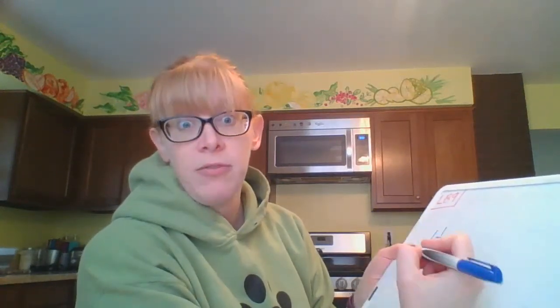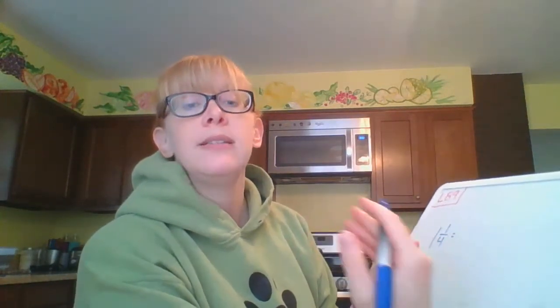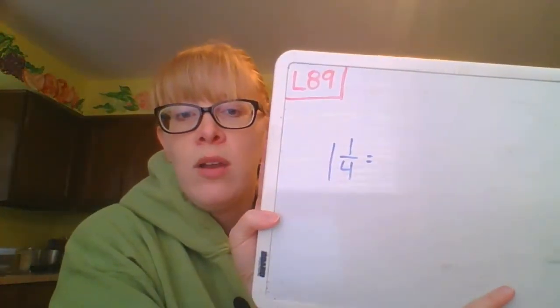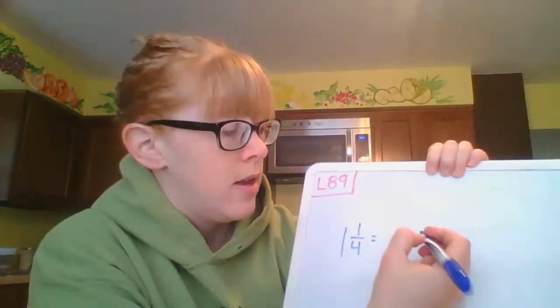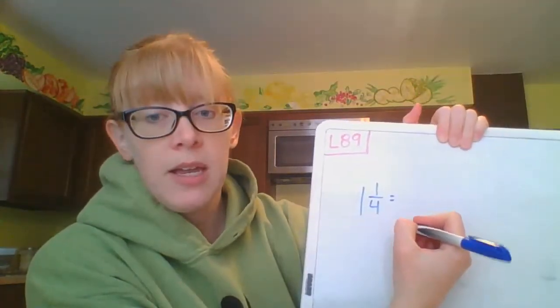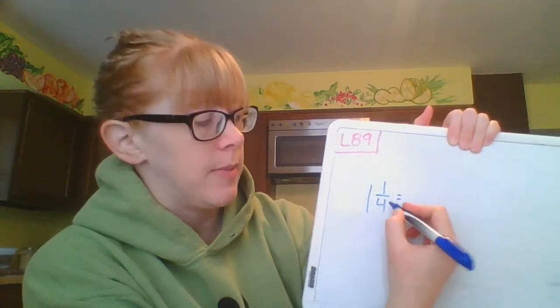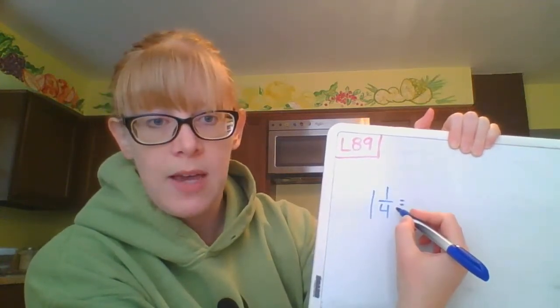And this time I want to figure out what the top heavy fraction is. So I'm going the opposite direction. This is reviewing what we did in the power up on Monday. So I have 1 1/4 pizzas that I ate. I am going to draw, remember, these are all going to be cut into 4 pieces because my denominator tells me how many pieces I'm dividing that into.